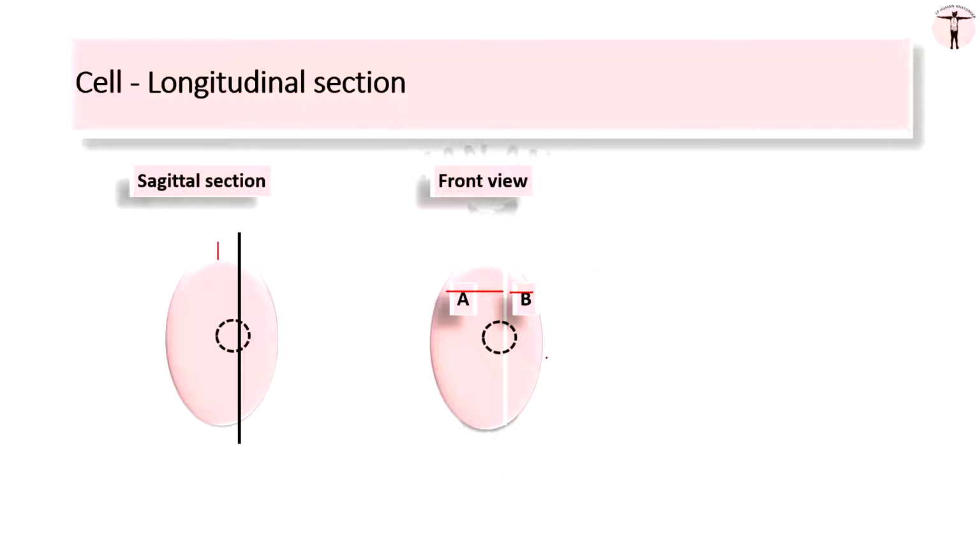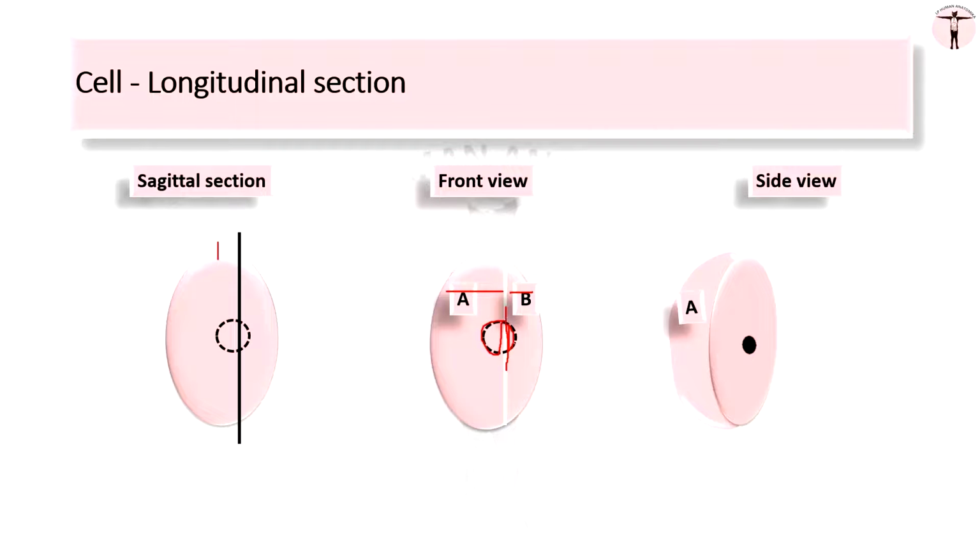Theoretically, it is important to understand which part we are looking into. If you observe part A from the side, the cell is large and the nucleus is small, because the section is passing over the nucleus asymmetrically, so we get a small part of the nucleus and a large part of the nucleus.